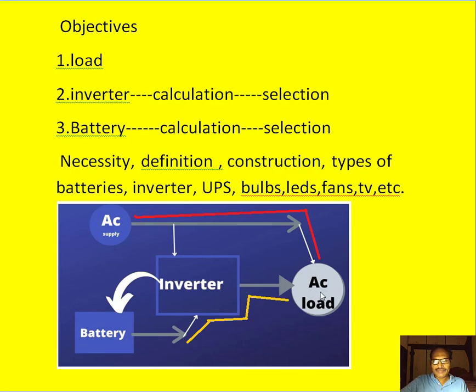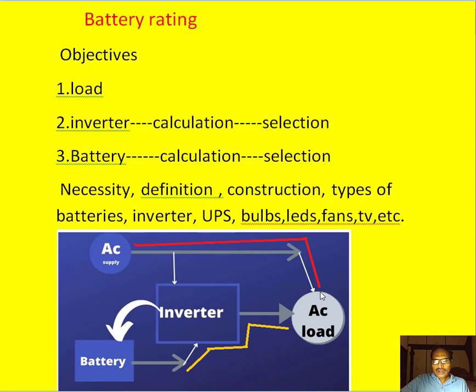That is the main difference between the UPS and the inverter. The inverter gives the output only after 10 milliseconds of taking its input, whereas the UPS will give the AC output within 10 milliseconds after getting the DC input.